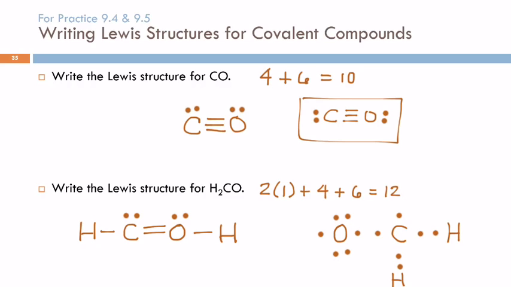Here we see that the oxygen brings 6 and the carbon brings 4 and each of the hydrogens brings 1. This is going to predict that we're going to do these. And then the oxygen and the carbon aren't quite happy, and so they're going to say, well, I've got this one and you've got that one. Let's put those together and share them. And we end up with that.